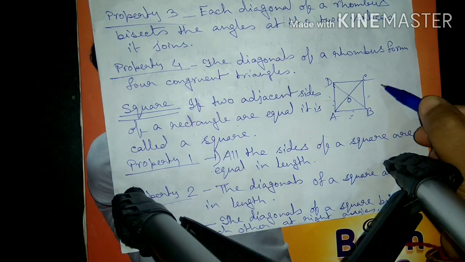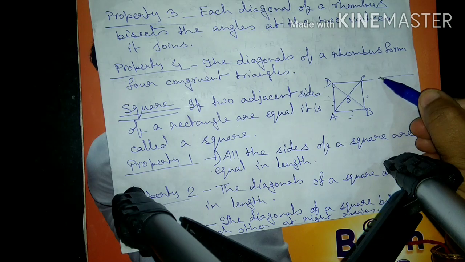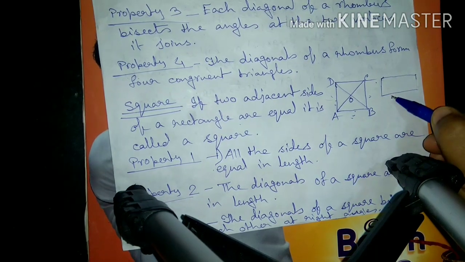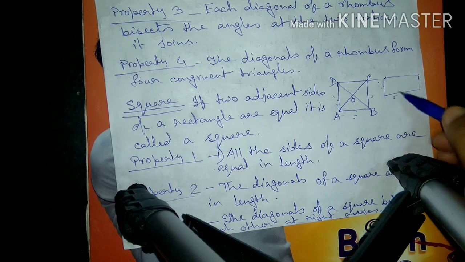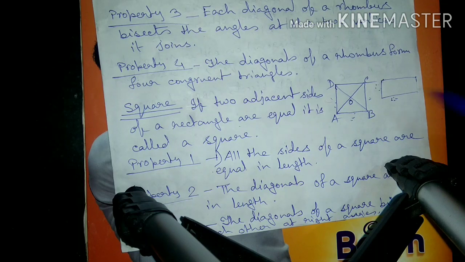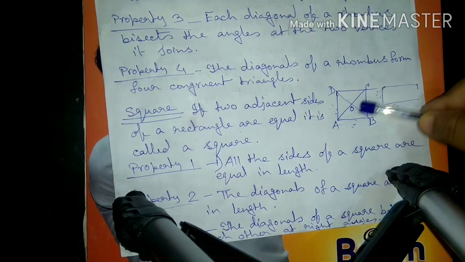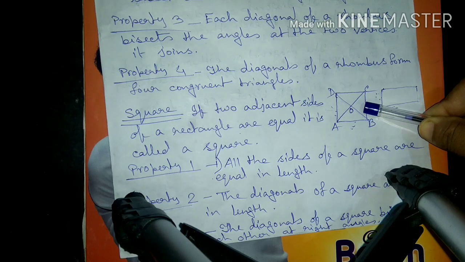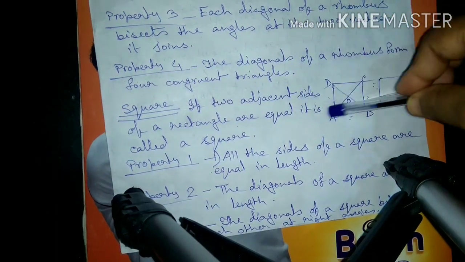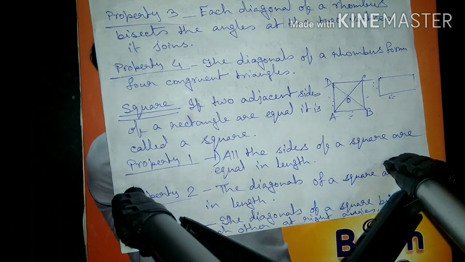If we draw a rectangle, length and breadth are there. In a rectangle, adjacent sides are not equal. So that is the only difference between a square and a rectangle. In a square, two adjacent sides are equal. So if two adjacent sides of a rectangle are equal, then it is called a square.